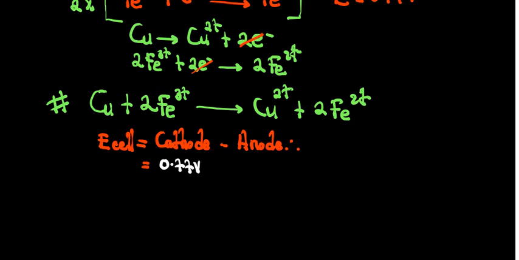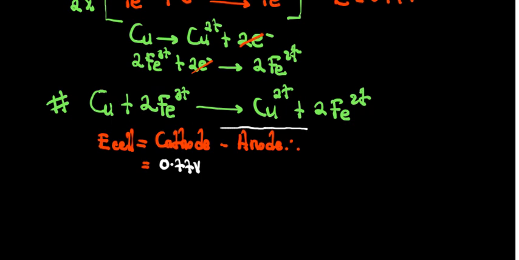You know that the first part here is the cathode. We have no problem with this part. We have our value there, which is 0.77. And then the second part here is negative anode. So this negative is part of the anode, so it moves as a whole.